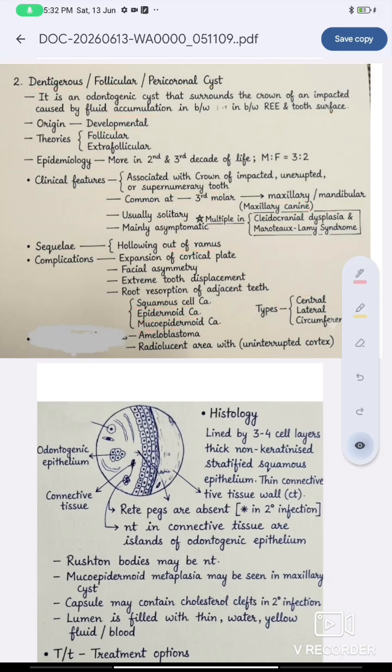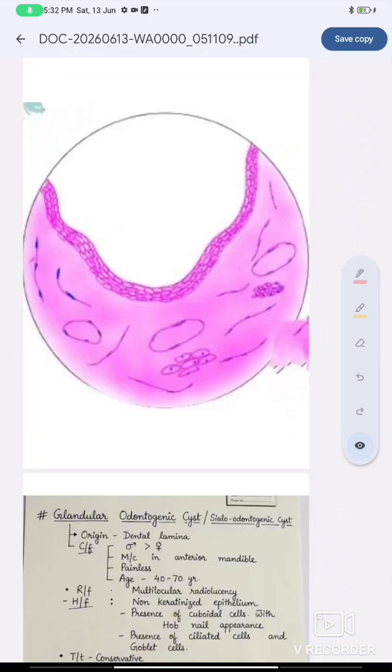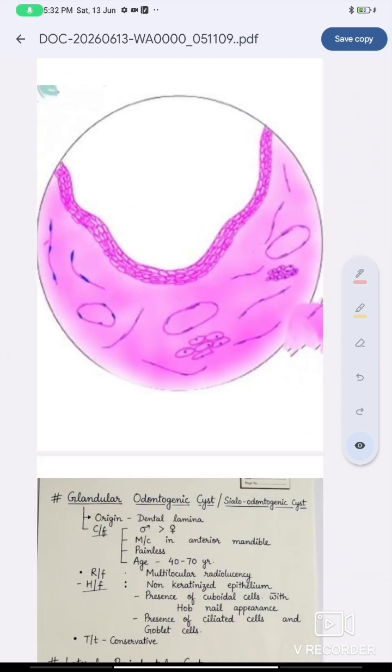Moving on to the histological features. This is a hand-drawn diagram. This is the cystic lumen of the dentigerous cyst. The lining of the lumen is reduced enamel epithelium-like, non-keratinized stratified squamous epithelium.